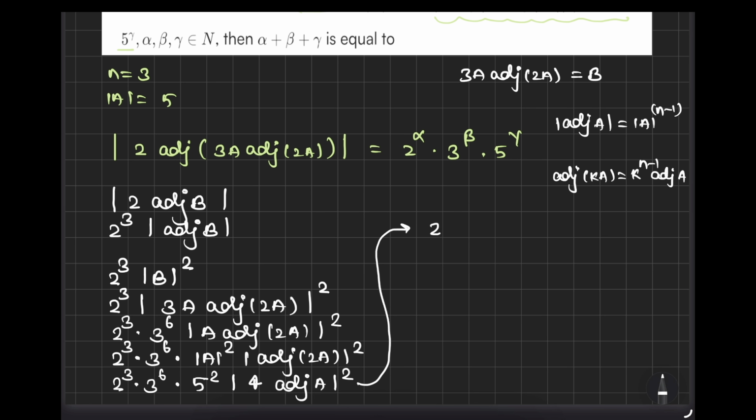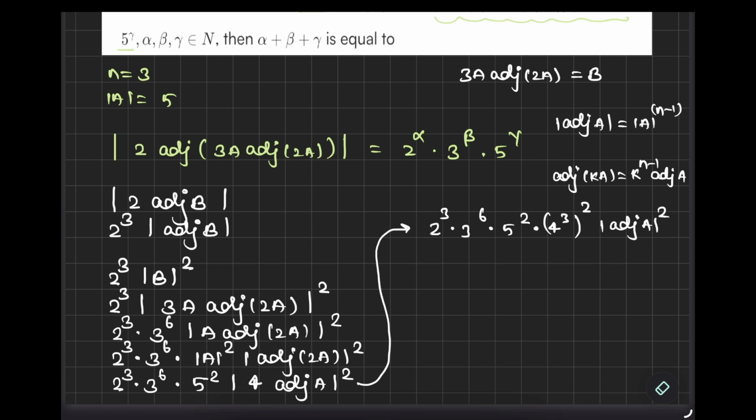So can I write 2 power 3, 3 power 6, 5 power 2 and 4 power 3. So this is because of a matrix, and because of this power, you will have more 2. And then we have adjoint A square.